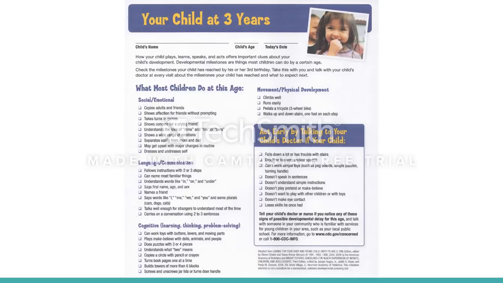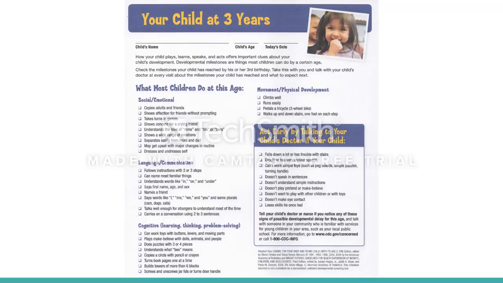Okay, this is another handout that I think would be pretty handy for you at your home. If your child is at age 3, then you can take a look at this, because these are some important things or clues that you can check for your child's development. For the first thing, it says social emotional, and that's pretty much talking about their pragmatic skills.